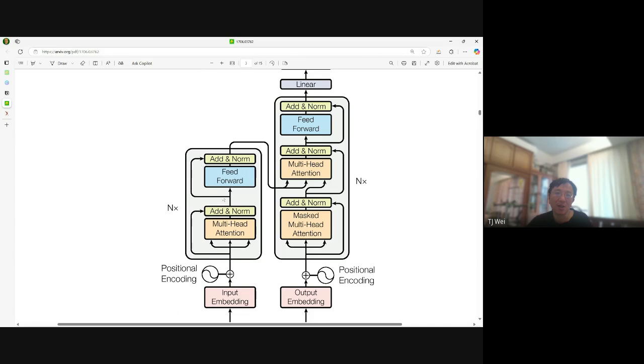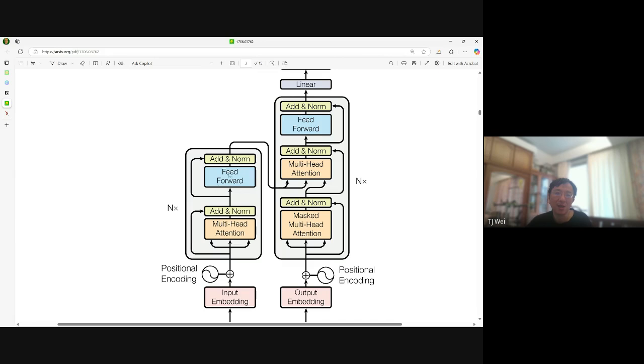So the input is a sequence, and the output is also a sequence. And in each of the blocks, we will have a sequence of output that has the same dimension. That is the characteristic of these transformers. It is a sequence-to-sequence architecture. So finally we'll have the output.